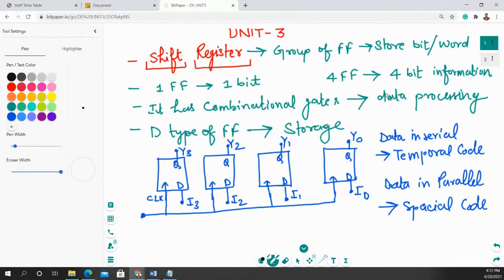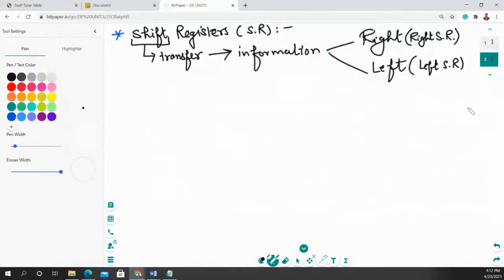Flip-flops are in a cascade manner, one flip-flop connected with another flip-flop, and you will get the output through each flip-flop, one flip-flop after another flip-flop.